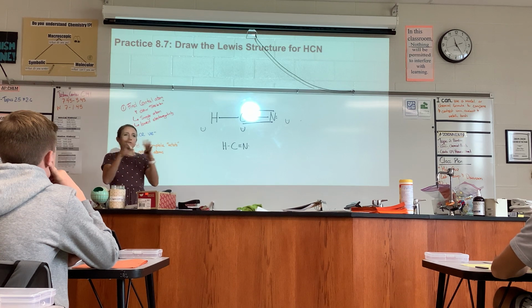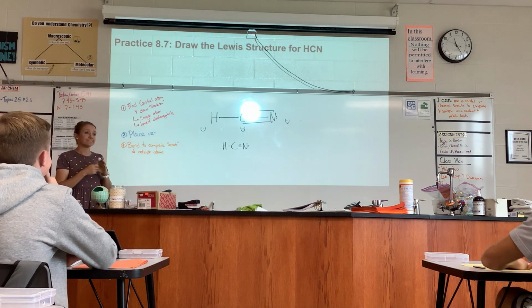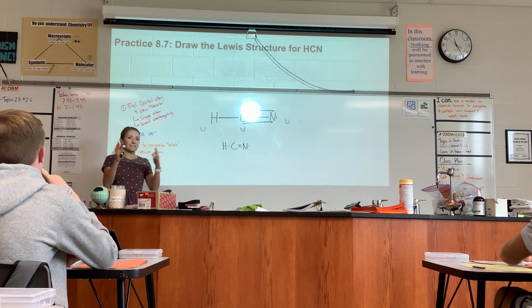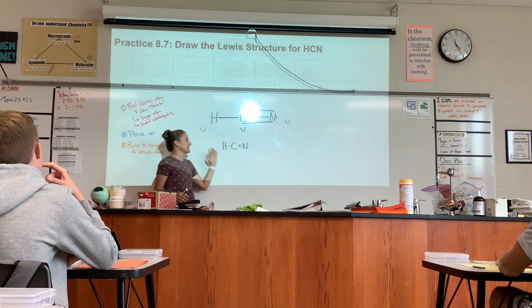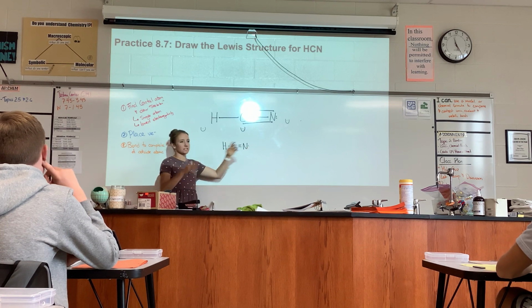But it is universally accepted to put lines instead if you want to. Good observation. On the exam, can we do the dots? Yes, either way, they would know. This is just how I always do it. I'd say it's the most common way to do lines for the shared, dots for the non-shared.